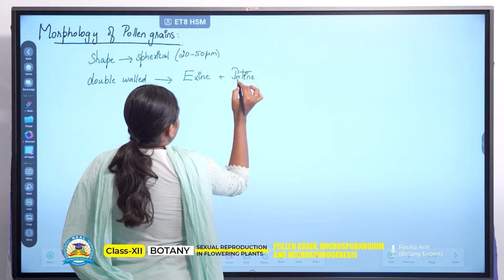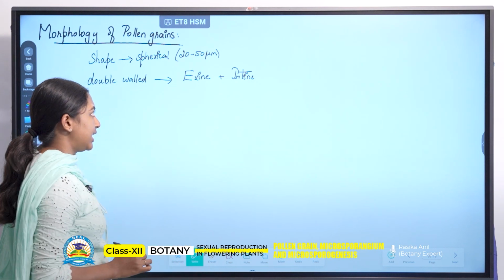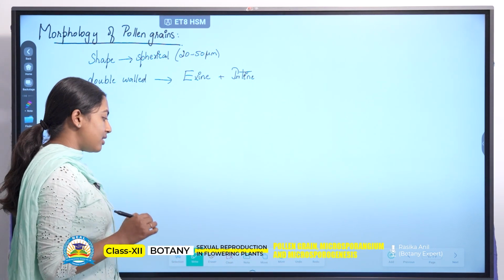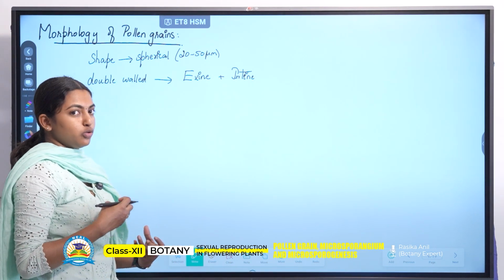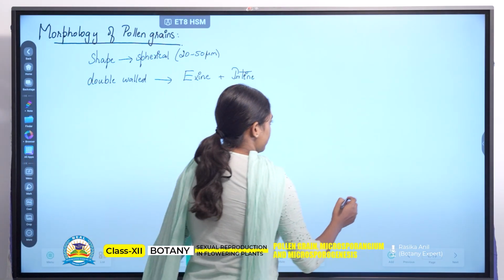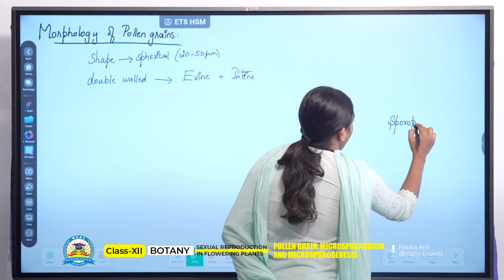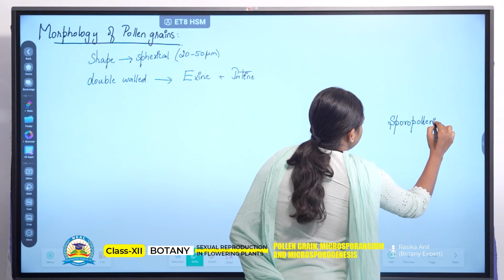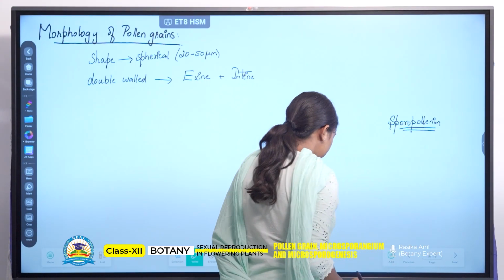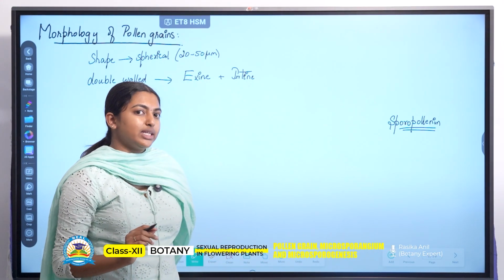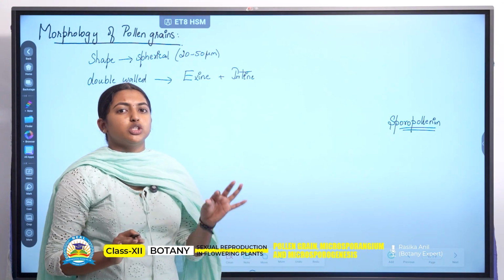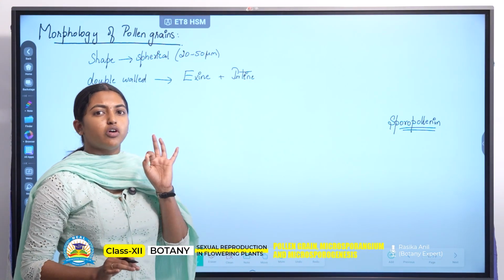Before learning about intine and exine, let's learn about one beautiful material present on our earth called sporopollenin. Sporopollenin is an organic material. It's the most resistive organic material.